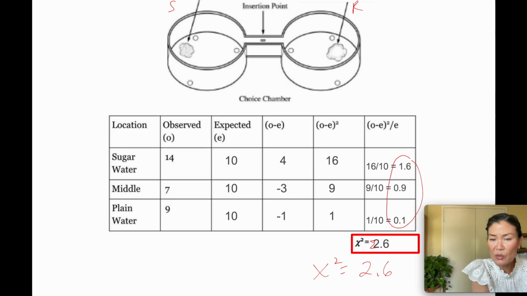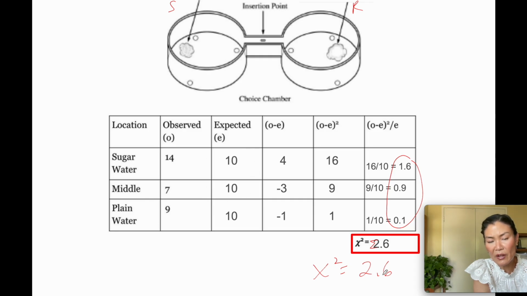What we're going to do is use that number 2.6 and compare it to what we call the critical value, okay? You can think of the critical value as being a standard, okay? If our chi-square is bigger than the critical value, that means there's a statistically significant difference between the observed and the expected.